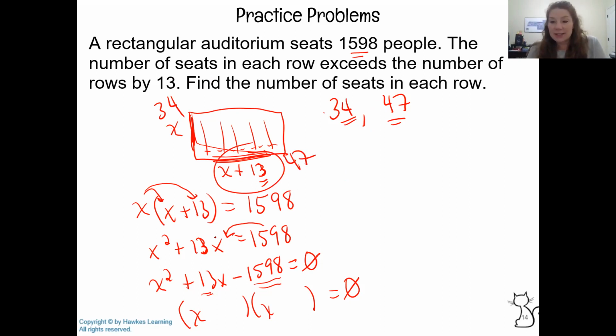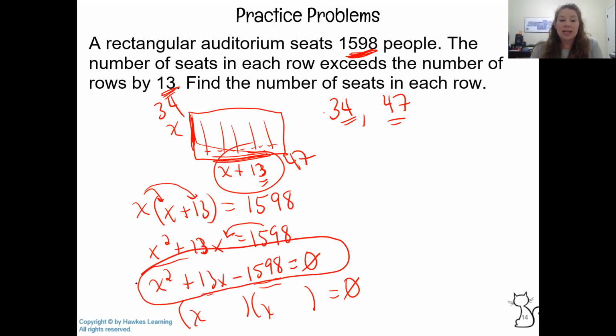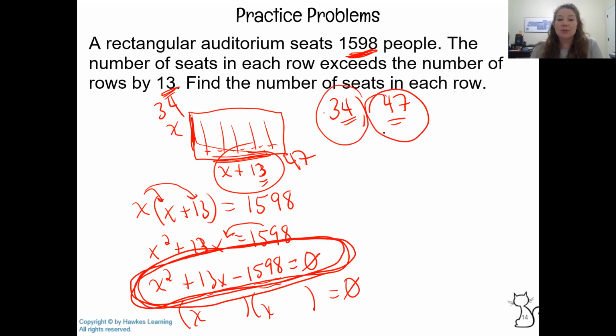Now, when I read this problem, I know I have to have two numbers that multiply to this and are 13 apart. I could use this equation right here and use the quadratic formula, and it would give me the same two answers. But I also know that guess and test is just as quick. As long as it meets the criteria of being 13 apart and the two numbers multiplying to equal the total number of people that can be in the auditorium, I know that's going to be correct.